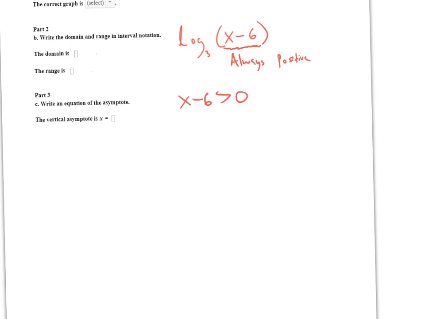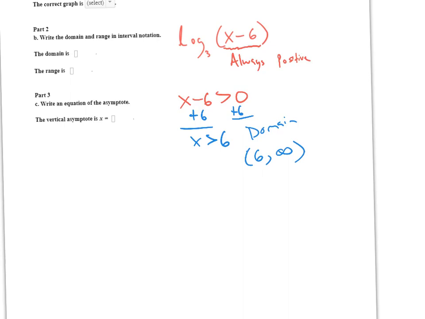Now we solve like we normally would. We add 6, and x, in this case, always has to be greater than 6. That's why, when we saw the graph, the domain was all the values of x greater than 6. So it's from 6, not included, all the way to infinity.